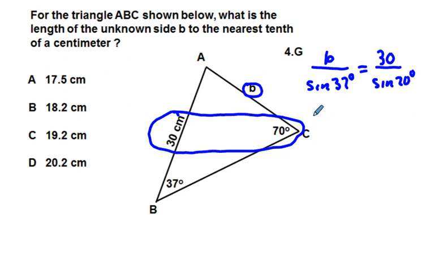So cross multiplying, b is going to be equal to 30 sine 37 degrees over sine of 70 degrees. So b is approximately equal to, I'm going to go to our calculator.